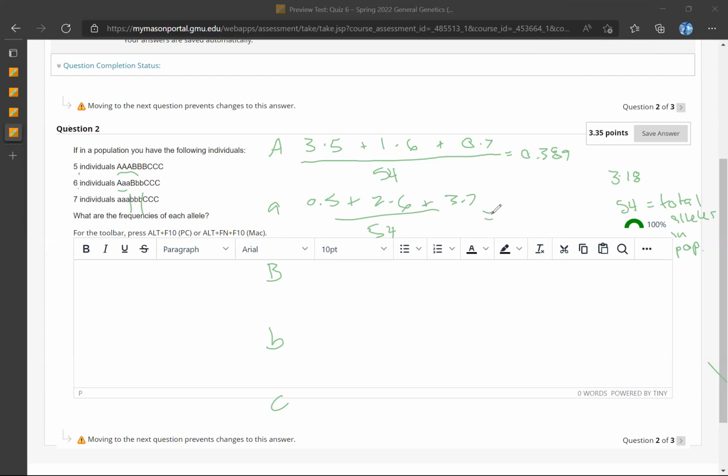No, Maya, you cannot. So Maya asked if we can simply subtract this number from 1 to get the allele frequency of lowercase a. And the reason we can't do that is because, can anyone say?